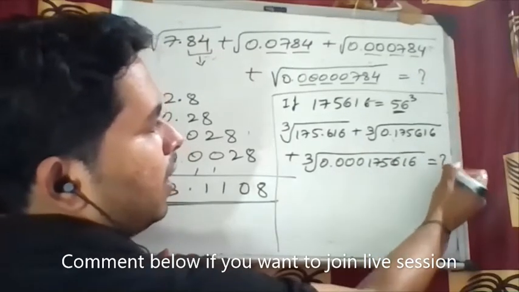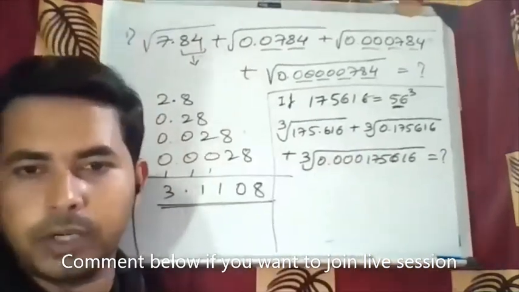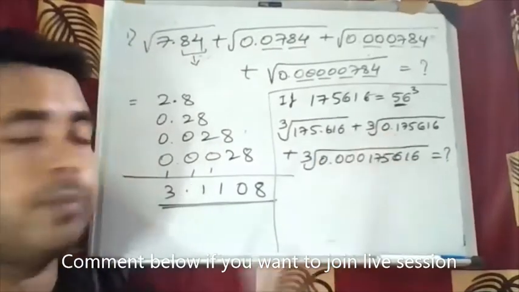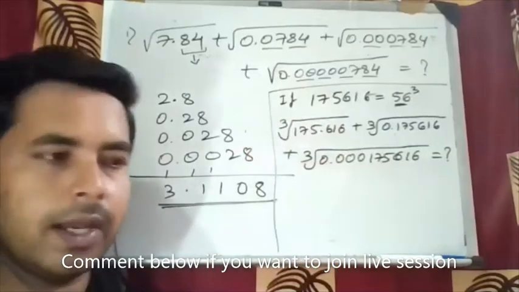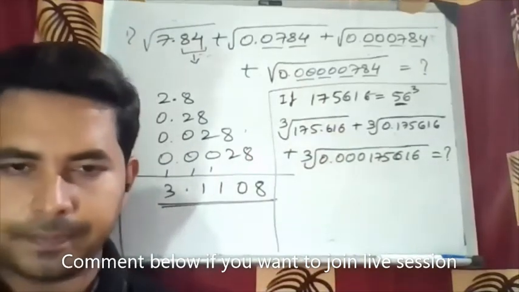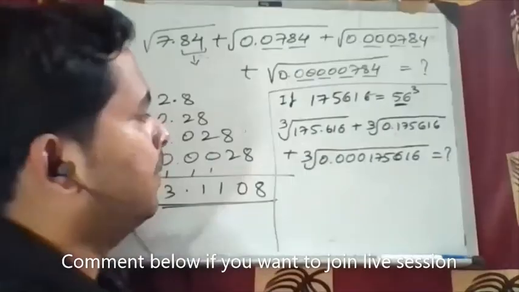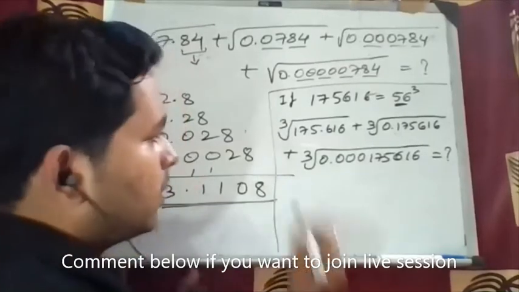So what will be the answer? They've already given it, no need to get tense. They've given the 56 cube value. So use that here and give me the answer. 0.216 will come.